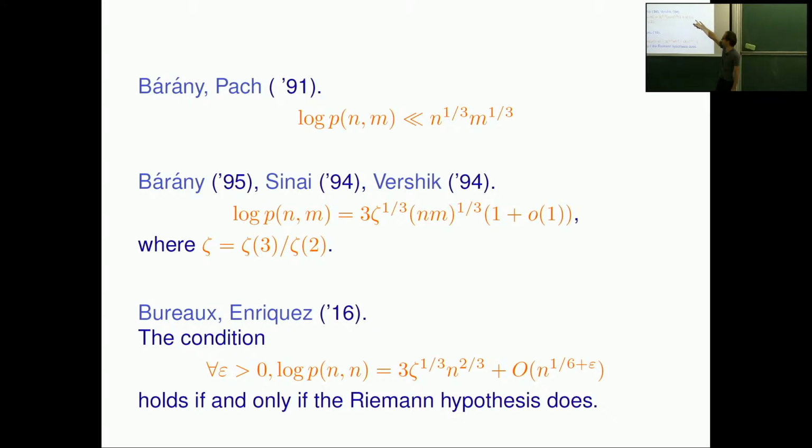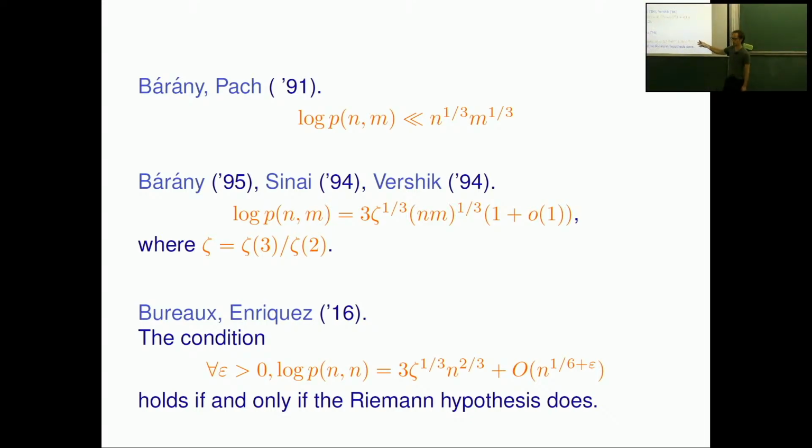Once we know that the exponent is bounded above by some constant times a function of n and m, there were 3 independent proofs given in the 1990s of what exactly is the constant that belongs there. And then more recently, Julien Barreau and Enrique gave an even more refined bound that controls the error term.